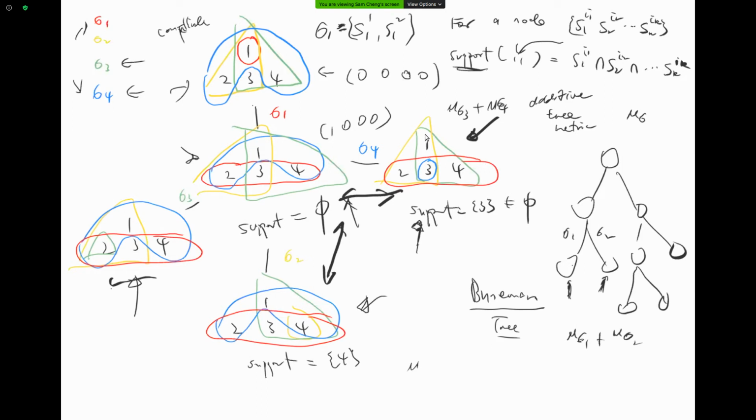More precisely, we can write down the distance. Let's use a delta notation for the distance between these two nodes, M1 and M2.